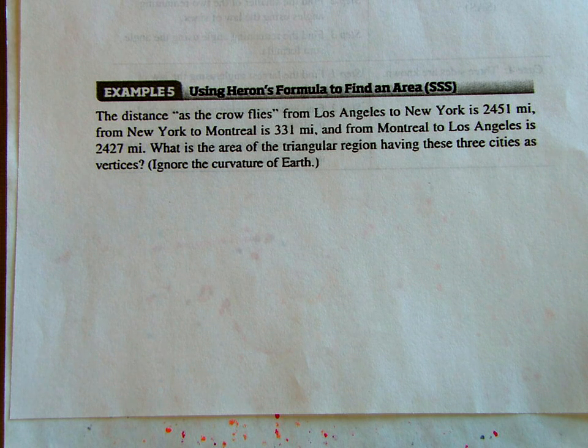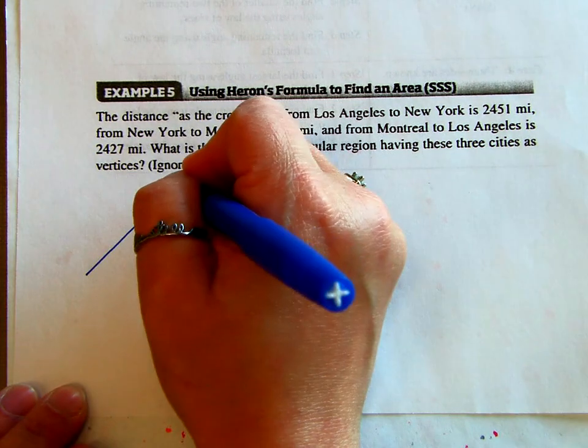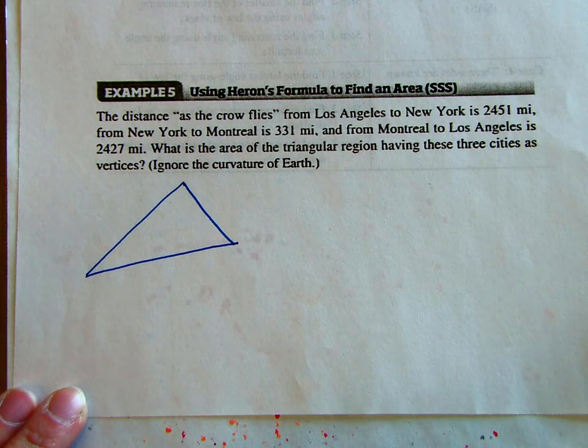So I would totally recommend making a triangle, like drawing a picture. You don't have to. You could just assign A, B, and C to each of these. That's fine as well. But in case you're a visual person like I am, I like to draw a triangle where I have LA, New York, and Montreal.